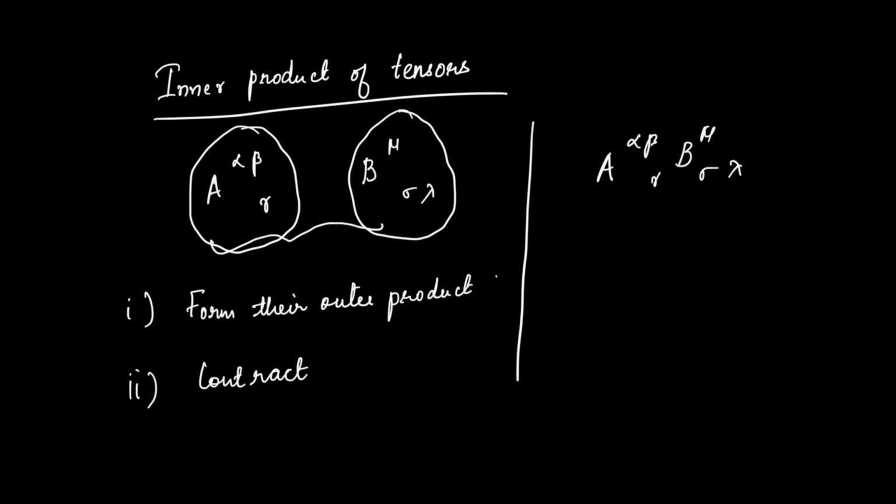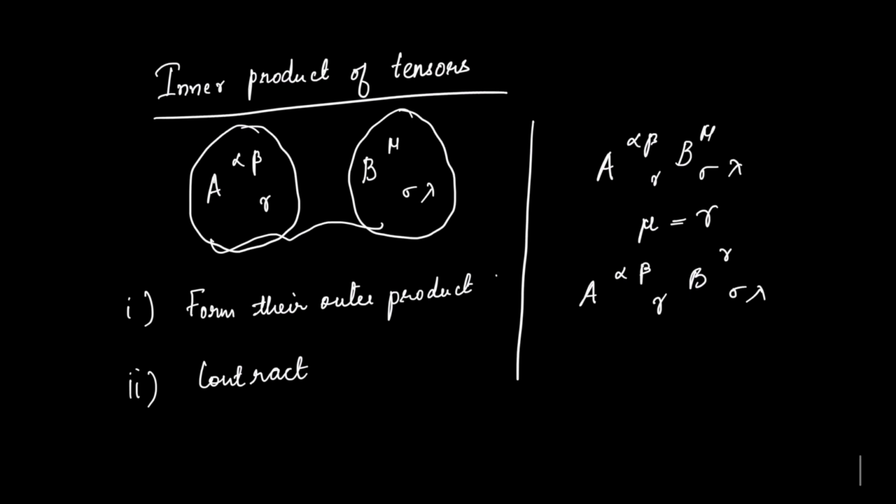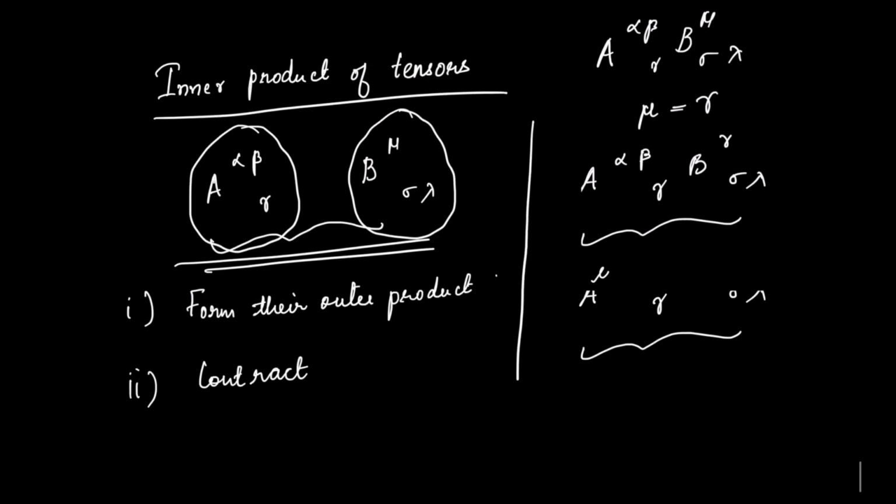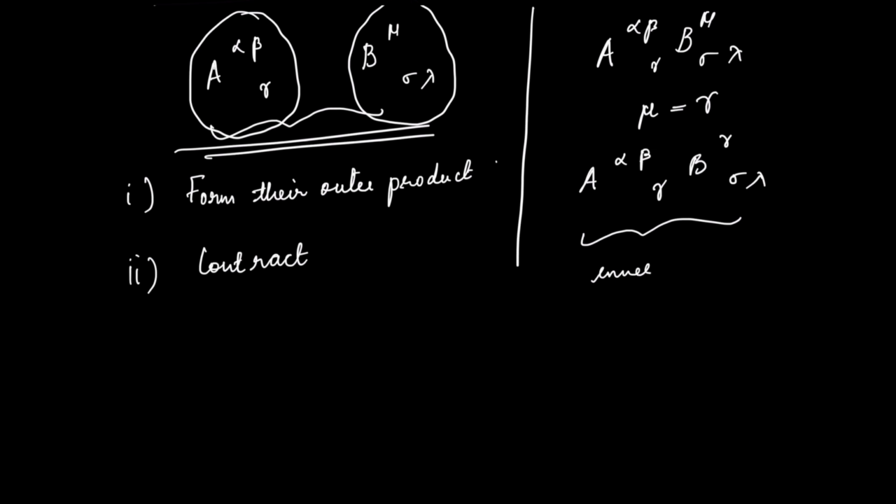If I contract this by putting mu equal to gamma, then the result is A alpha beta gamma, B gamma sigma delta. Okay, so this is also a tensor called the inner product of the given tensors.